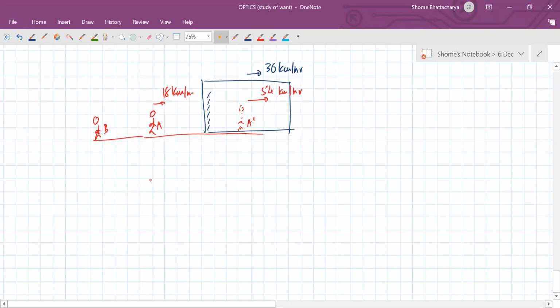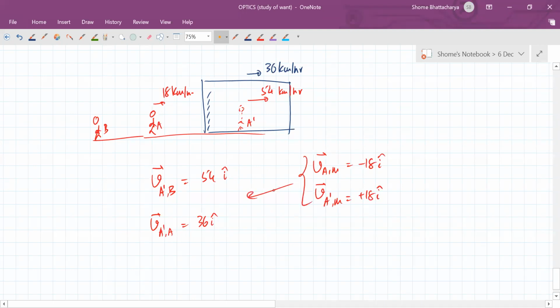So that is why you can see that the velocity of E's image A prime with respect to B is 54 i cap only. But the velocity of E prime with respect to A is 54 minus 18. It is 36 i cap. Velocity of the object with respect to the mirror, you can see, is minus 18 i cap. But the velocity of the image with respect to the mirror is plus 18 i cap. So this is the concept that we use to generate this.